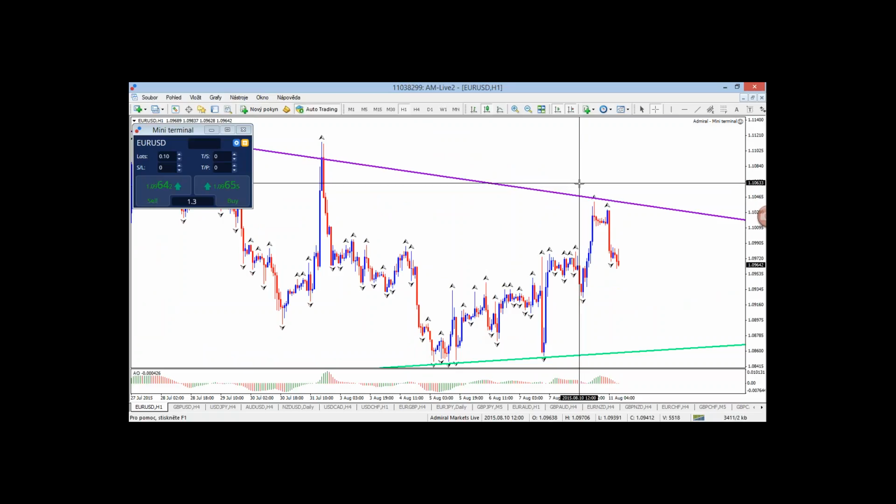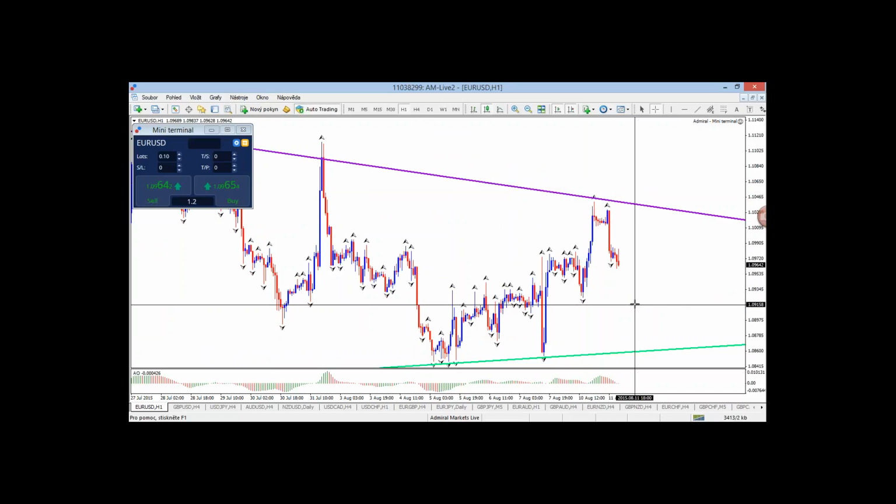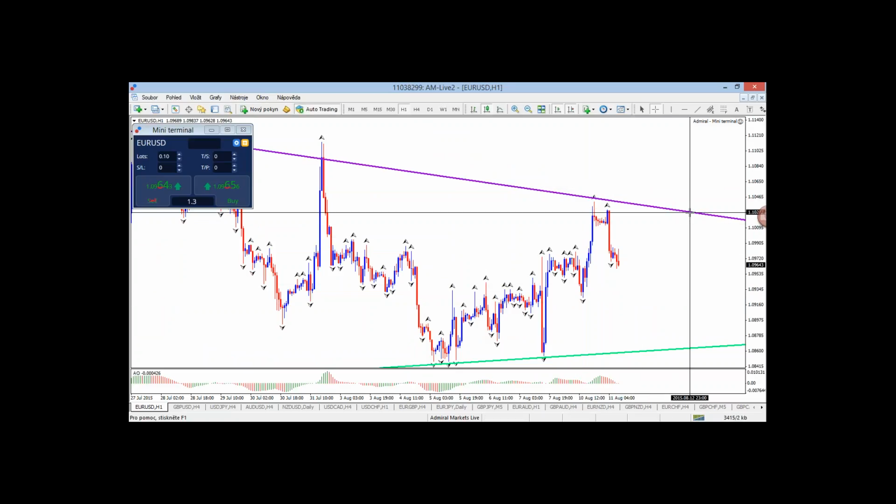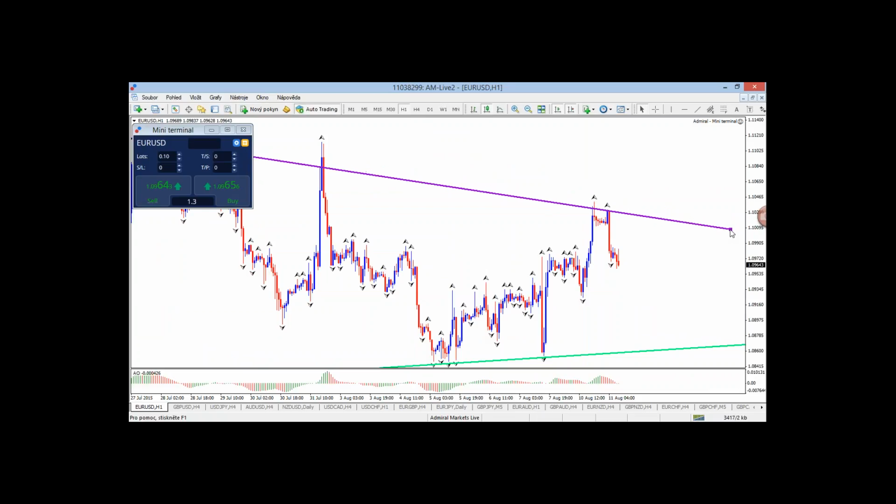Now, in the meantime, the euro dollar is pushing lower, approaching a bit of the halfway mark here.